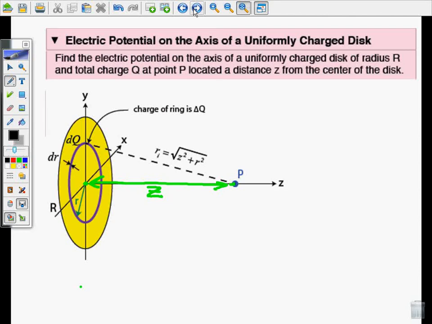You actually have to use the gradient operator. While you do have that fact, you can't just make this the formula. Negative del V is equal to E. It doesn't work that way.